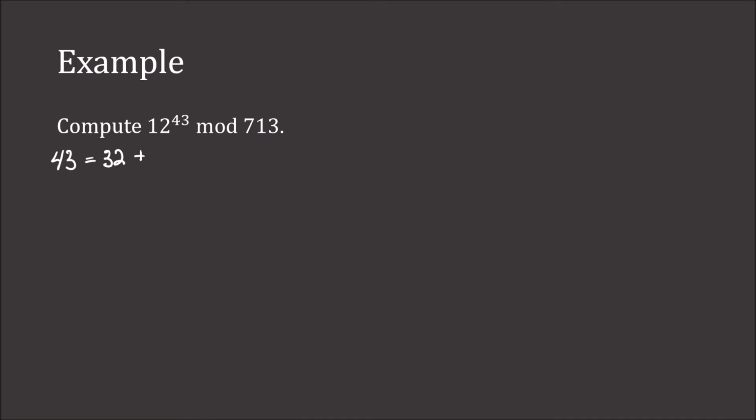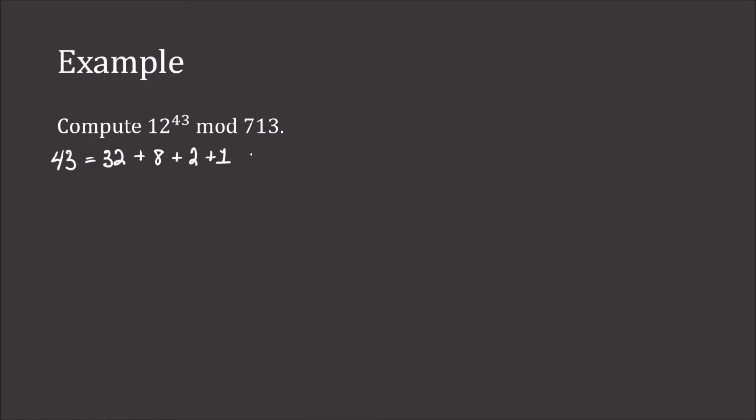However, 16 plus 32 would be larger than 43, so we can't have that. After 16 would be 8, that'll give us 40. 4 would give us over 43. So plus 2 would give us 42, and then plus 1. So this is 2 to the 5th, 2 cubed, 2 to the 1st, 2 to the 0.